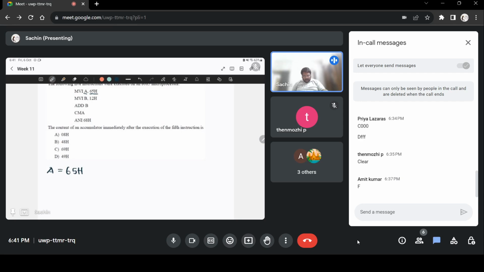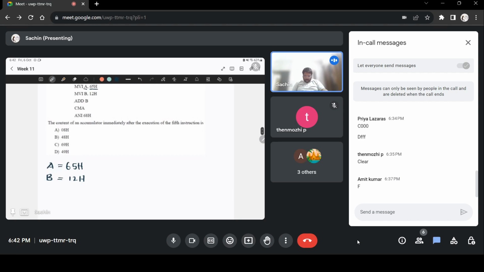Similarly, MVI B, 12H. So the contents of B will be set to 12H. Add B. When they give you only one register, like I said in the previous question, it means the other register is implicit in this add operation. Add is a binary operation, right? You need two numbers to add.